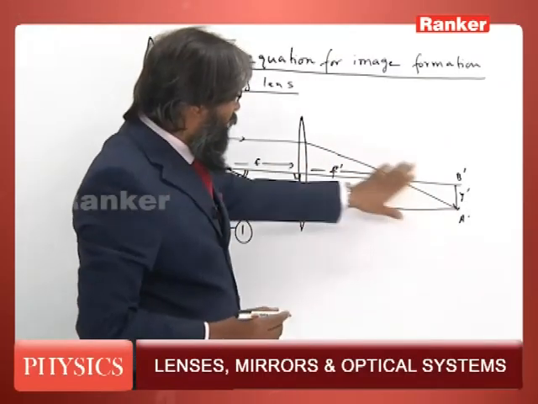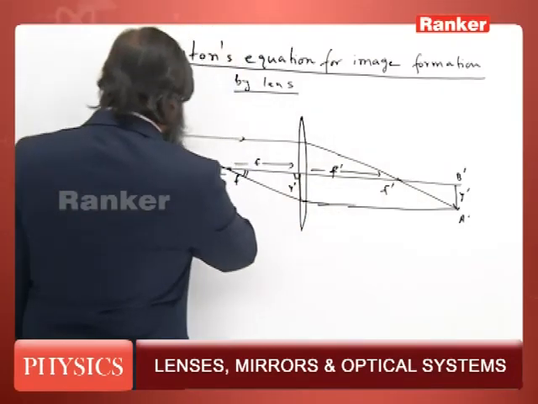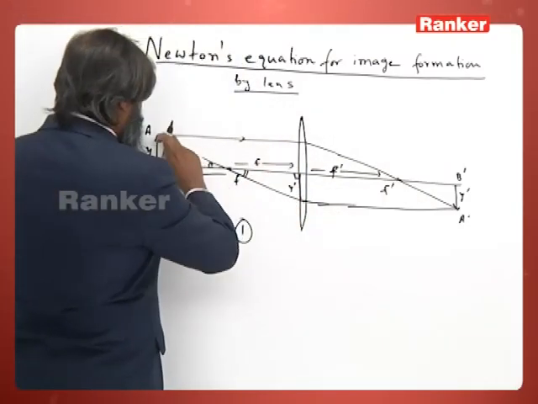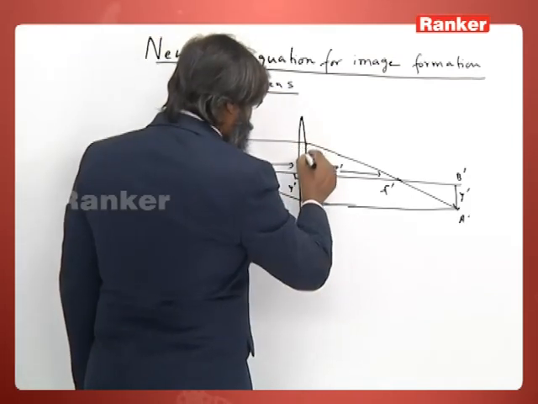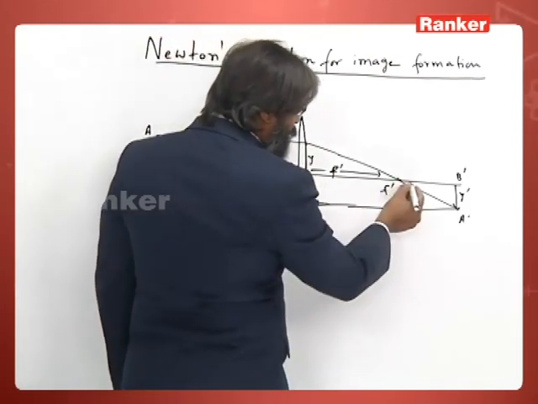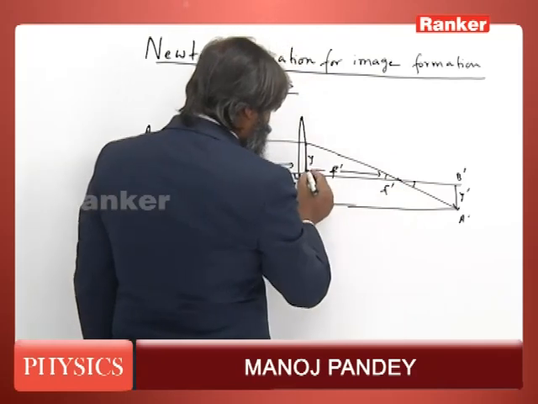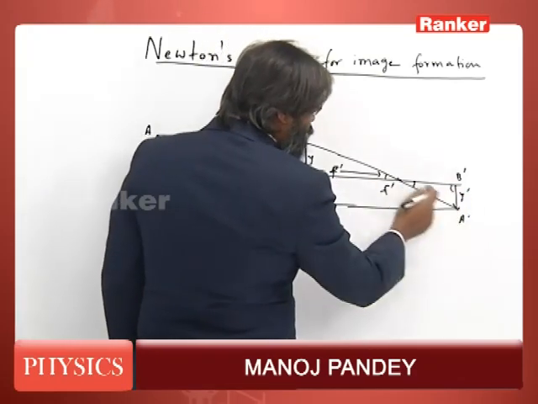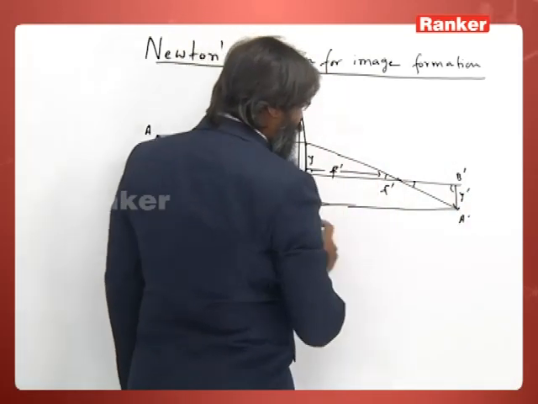Similarly, consider these two triangles. This line is parallel to the optic axis. So, this is y, and this will be also y, and you see this is opposite vertical angle, this is right angle. So, this triangle and this triangle are equiangular.